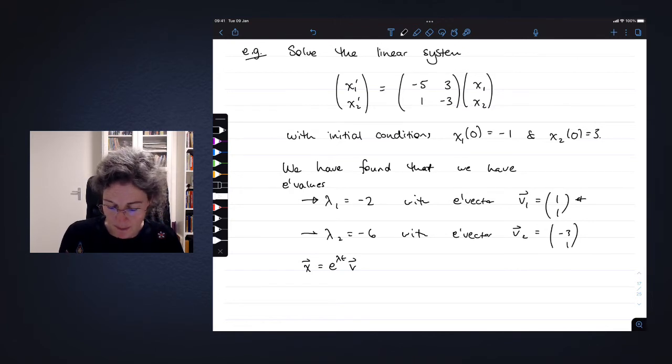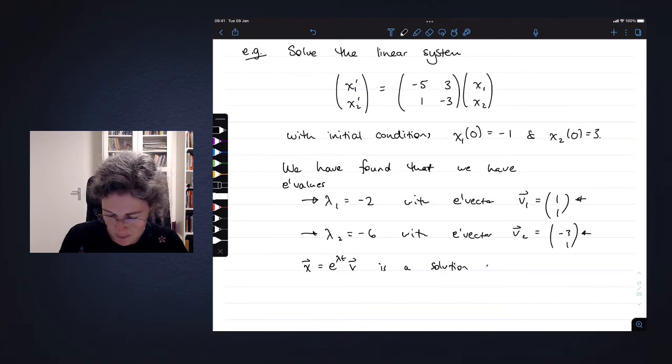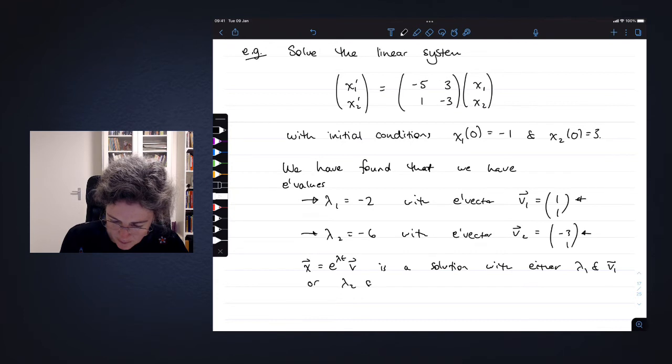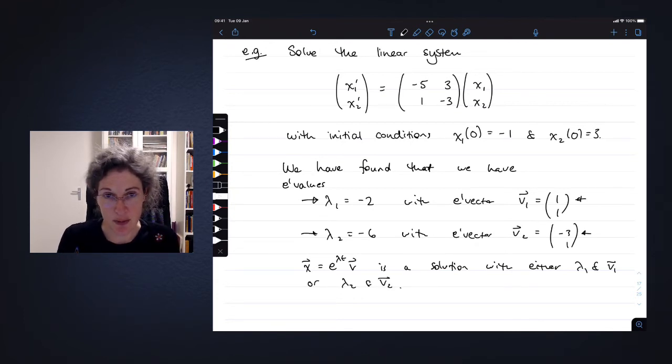But similarly, if we take this eigenvalue, our minus 6, with this eigenvector, that's also a solution. So for a fair amount of work, admittedly, we've in fact found 2 possible solutions.